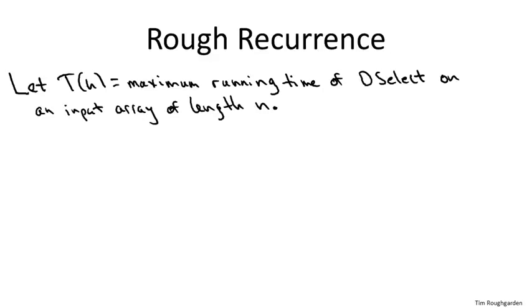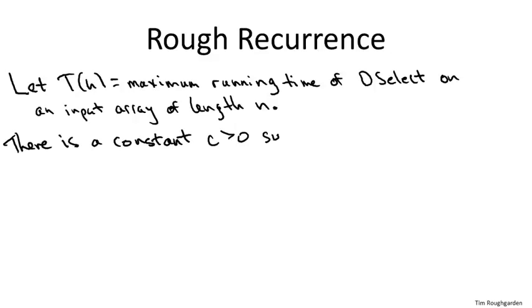It does the sorting of groups of 5, it does the copying, and it does the partitioning. Each of those is linear, so all of them together is also linear. And then it does two recursive calls, one whose size we understand, one whose size we don't understand. So for once, I'm not going to be sloppy, and I'm going to write out an explicit constant for the work done outside the recursive calls. I'm not going to write big O of n. I'm going to actually write C times n for some constant C.